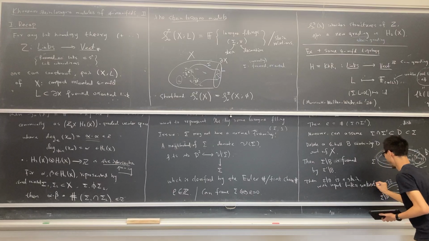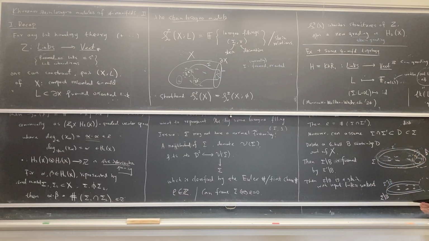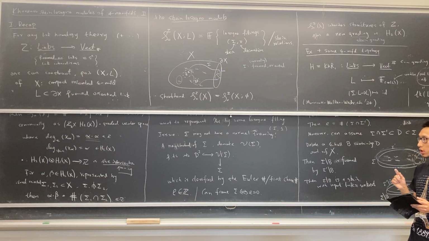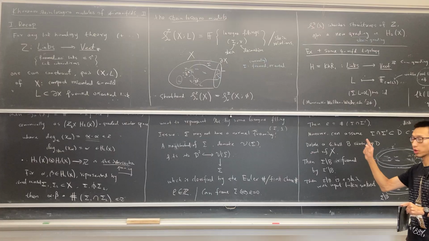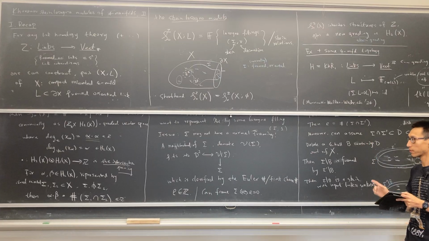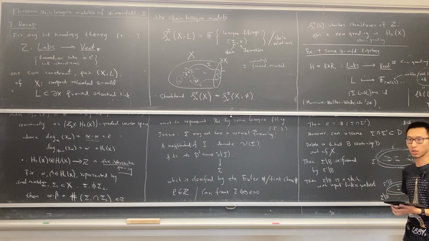So the framing is just a vector at every point of the surface, like for a knot or link, the framing is a nowhere vanishing vector in the normal direction, and for the surface, it's exactly the same.